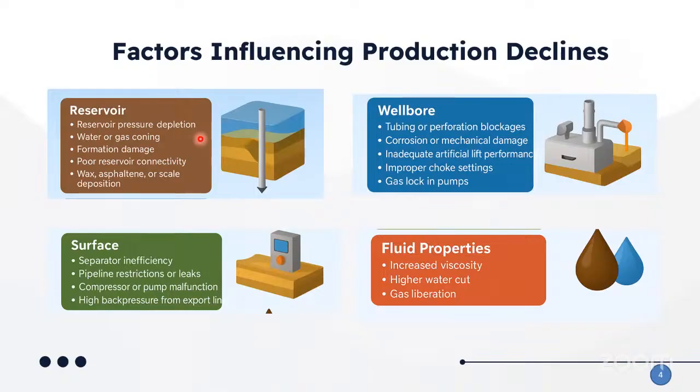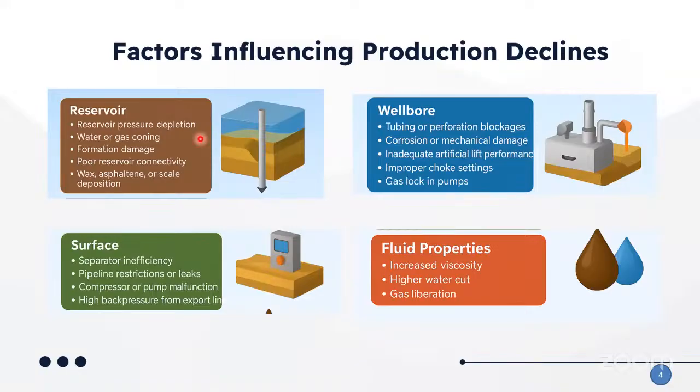Through optimization, maybe introducing an artificial lift system or water flooding to support the aquifer can help us maintain the pressure there. Then water or gas coning, that is when you start producing, when water begins to enter into your oil system, that's another way your production can decline.